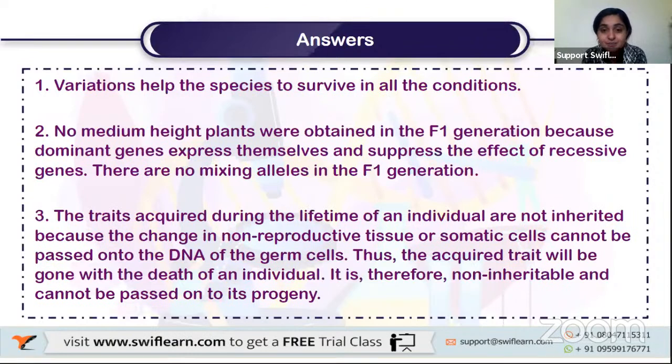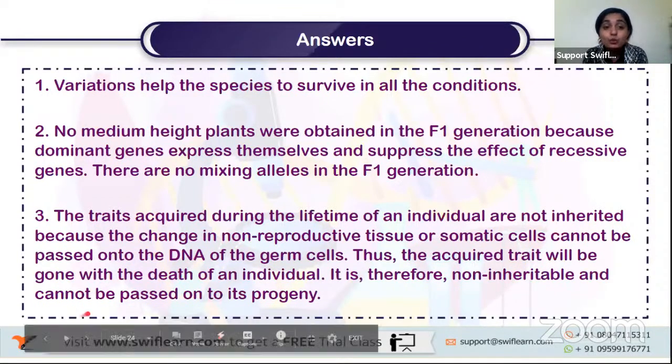Because of variation in the species, it got out of the water and was able to survive because of inherited or maybe acquired traits. That is how all these things kept moving from one generation to the other because of this variation in the species, right? If there was no variation in the species, it would have been really, really difficult to survive.